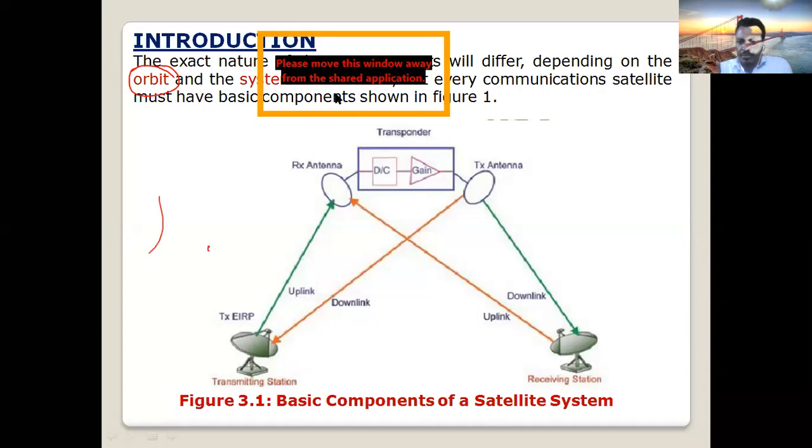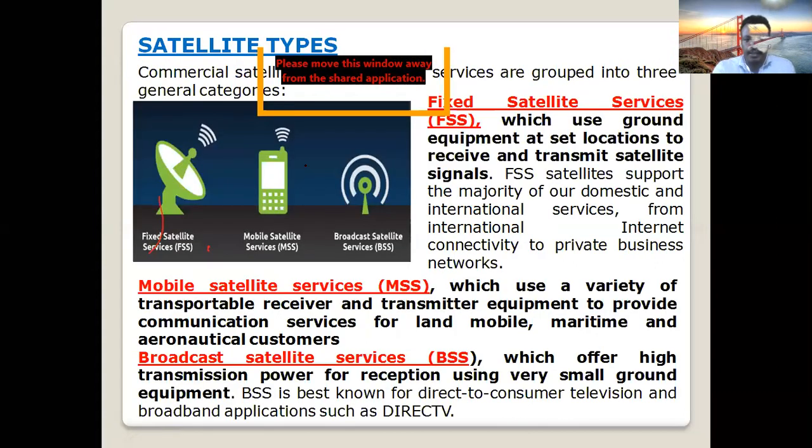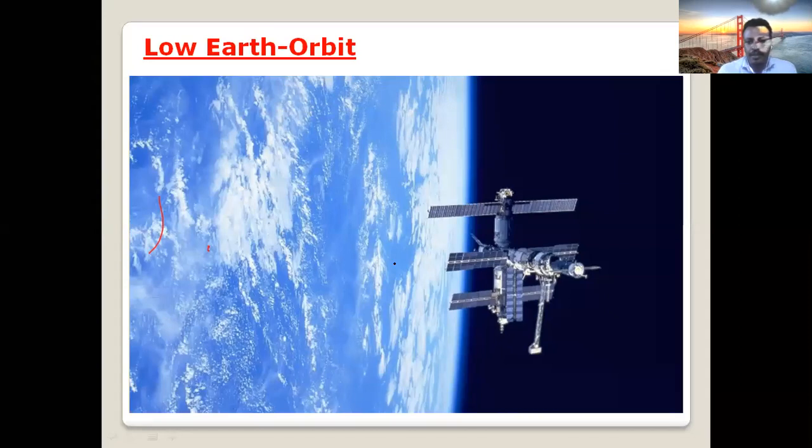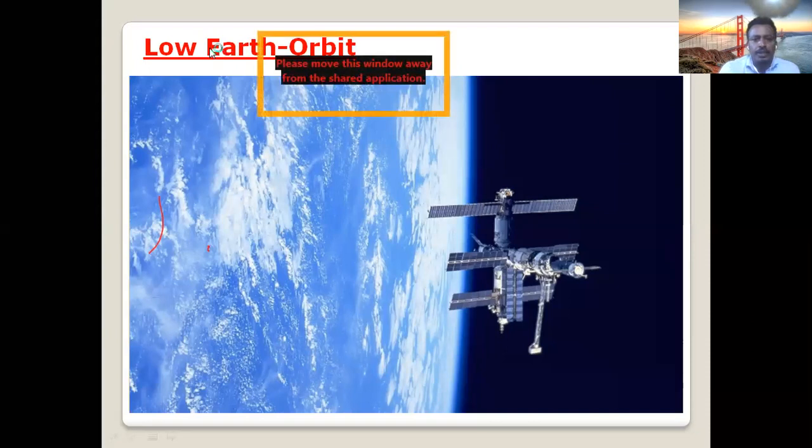So the transmitter, for example, that we use in low Earth orbit satellites. This is our low Earth orbit. Okay, I'm admitting students.